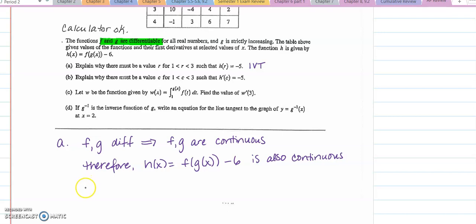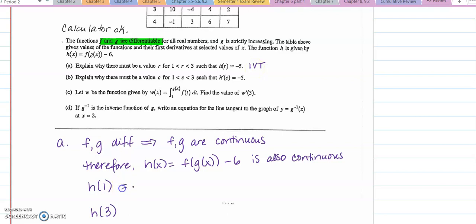So now our job is to figure out what h of 1 is, and we need to figure out what h of 3 is. And our hope is that one of them is going to be greater than -5 and the other one is going to be less than -5, and that way we can show the betweenness.